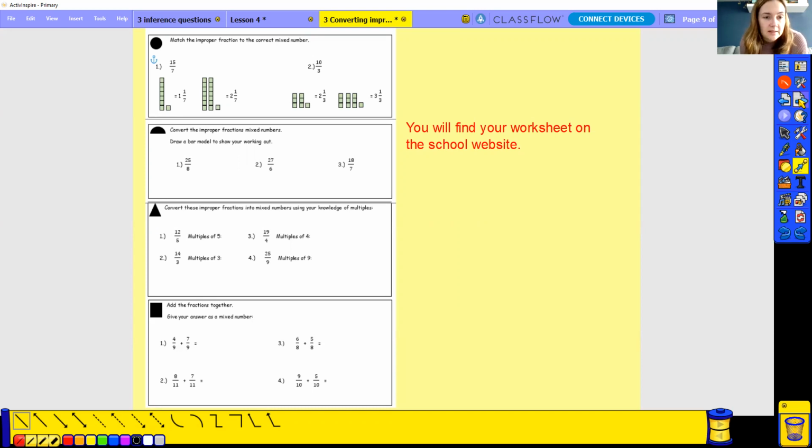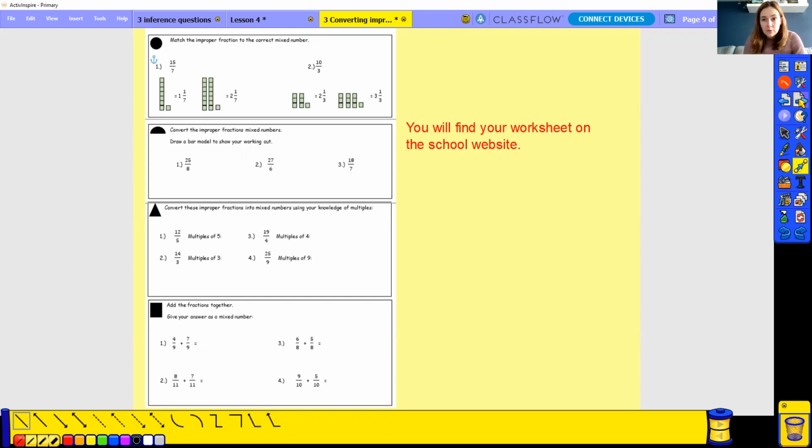The circle ones has got visual representations, okay? The semicircle ones is using your knowledge of multiples, so without the representations. Although if you want to draw the representations, you still could do that. And then it's just moving on, okay? For the semicircle as well, you do need to work it out with a bar model, okay? So try and draw yourself a little bar model to work that one out. Okay, and that is your work for today.